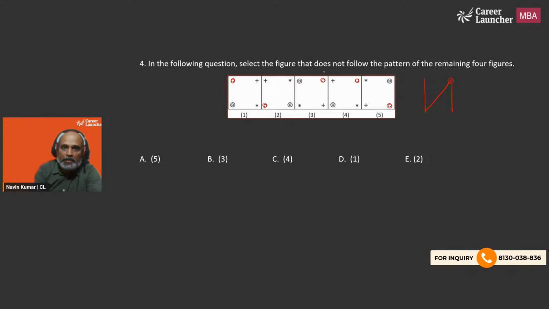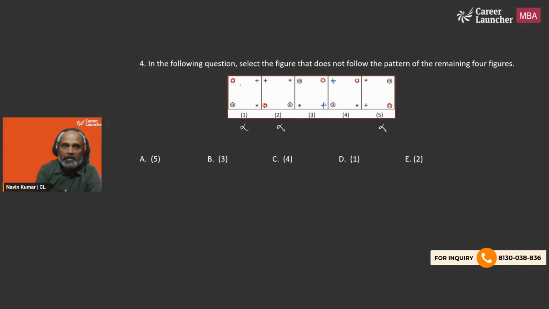So looks like between 3 and 4, if it stays as such, the other symbols should also stay as such. But what we see is the plus here has moved. So that would mean that there is some problem with the third and the fourth. So once that is understood, we can try to now follow the pattern here, right?